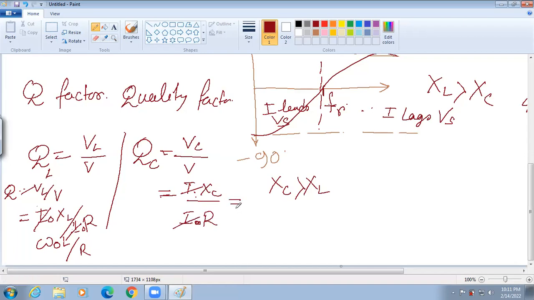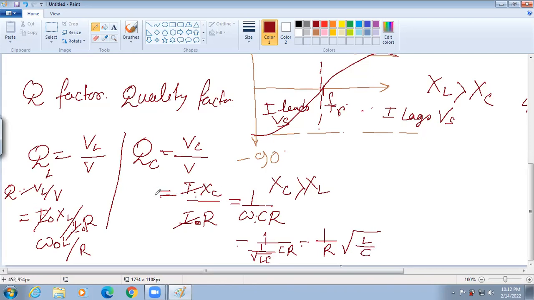Then we know Xc equals 1 by omega naught C, and this is divided by R. So Q is 1 by omega naught CR, where omega naught is 1 by root over LC, giving C into R. Ultimately we can write 1 by R into root of L by C.